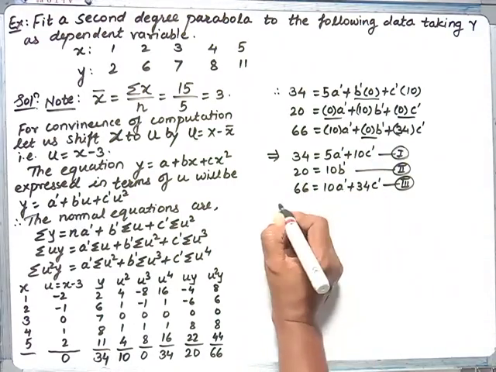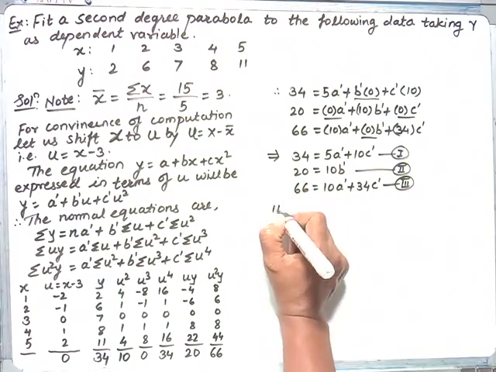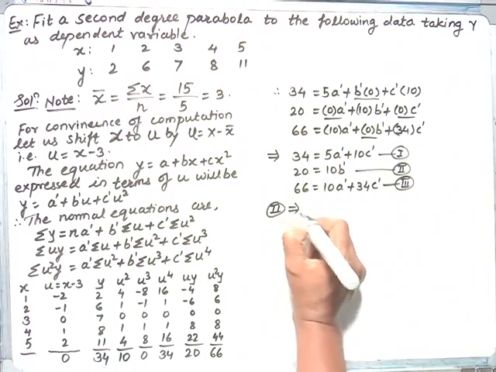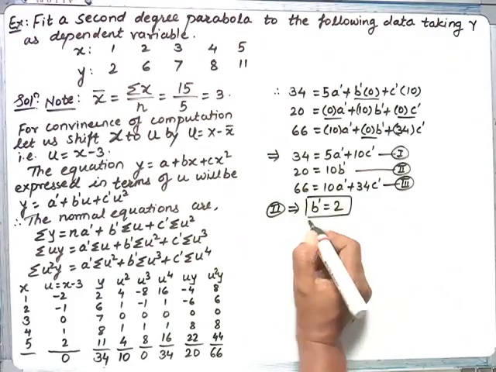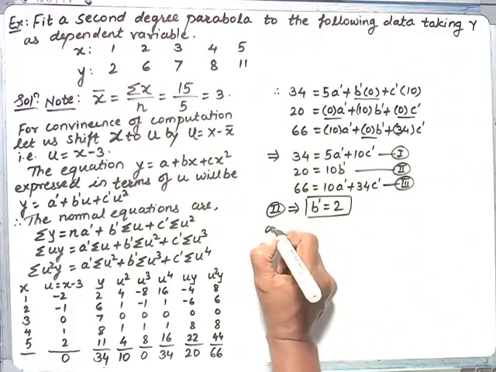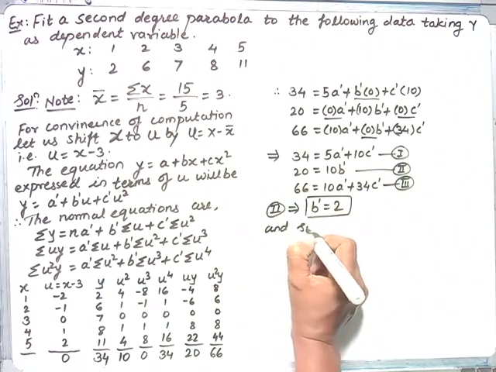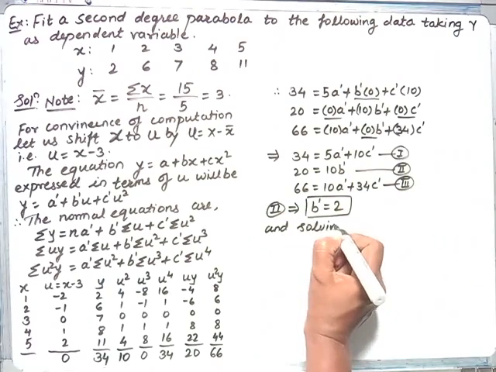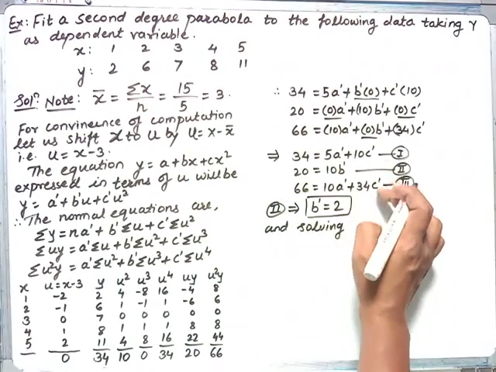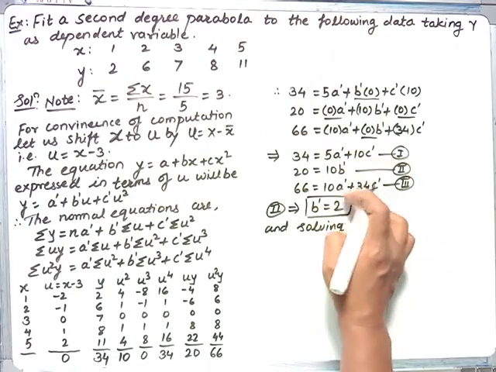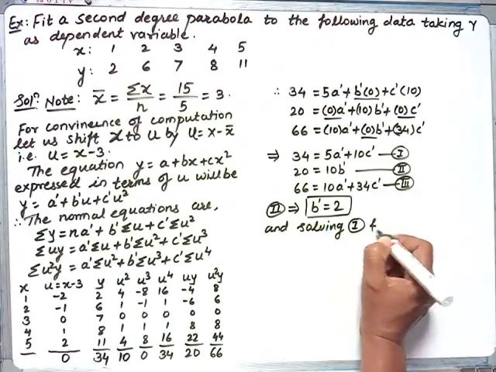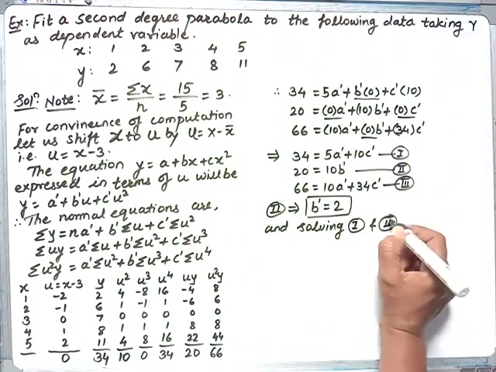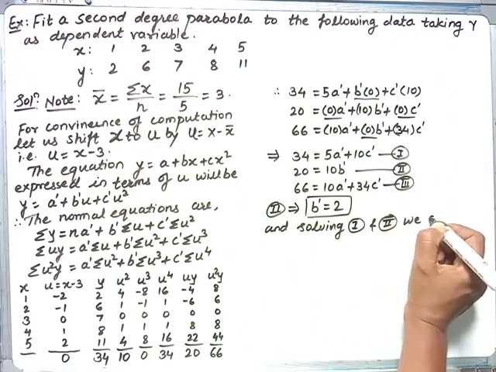From equation 2, b dash equals 2. And these two we can solve simultaneously for a dash and c dash, solving 1 and 3. I had solved it; you can solve on your own.